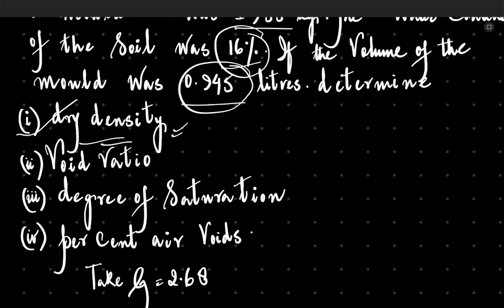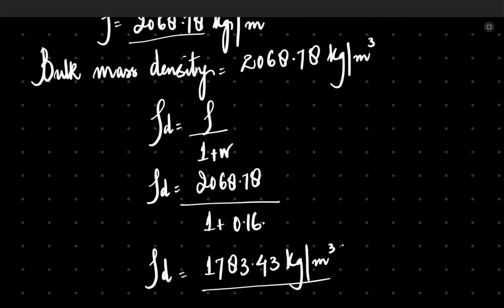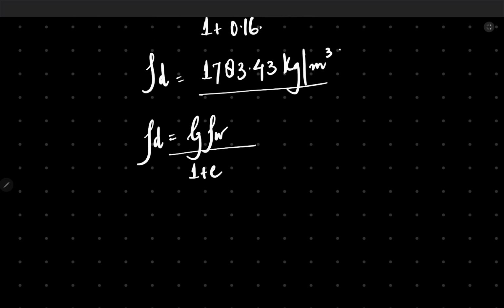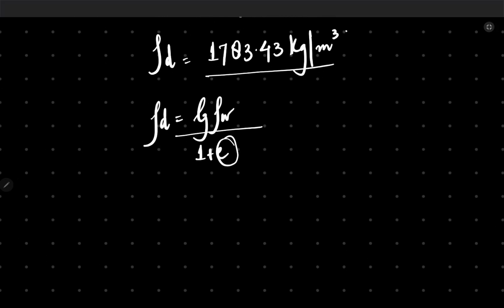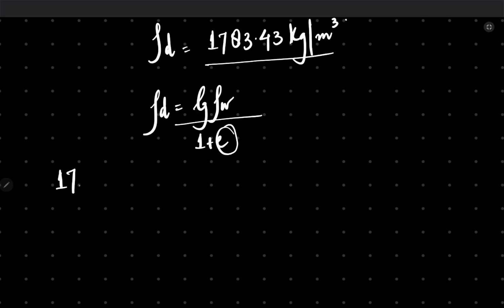Now void ratio. We'll be again using the dry density formula, but the alternate equation, that is dry density is G times density of water divided by 1 plus e. This we have calculated, now I can get e from this equation. Dry density is 1783.43.